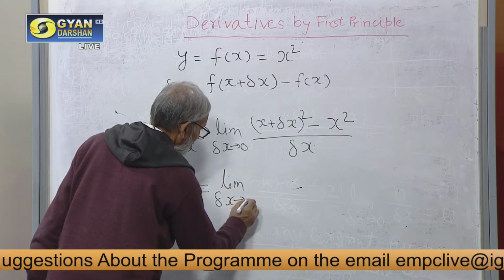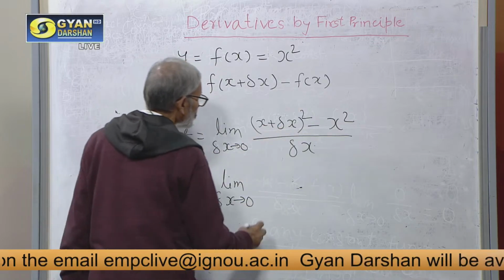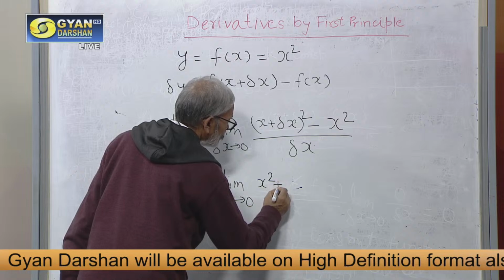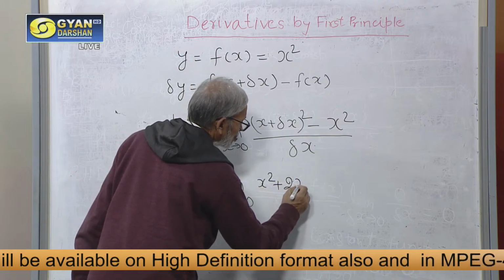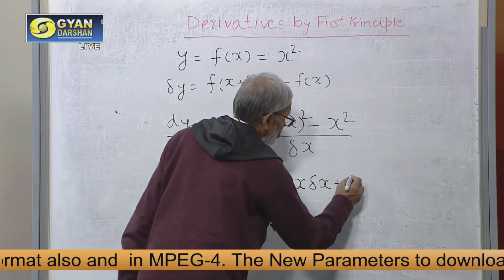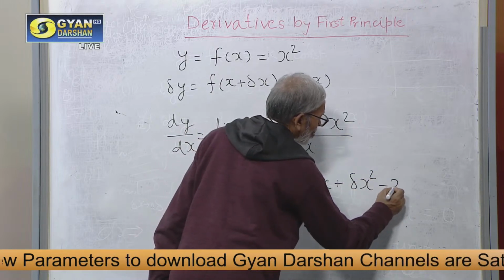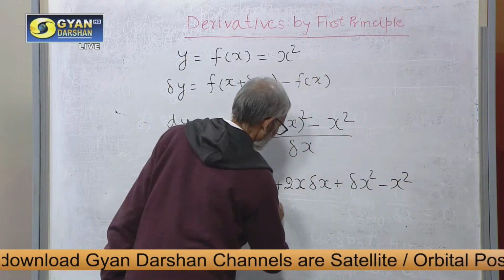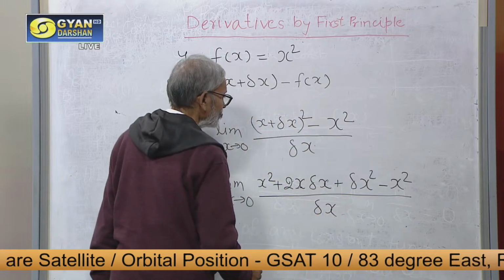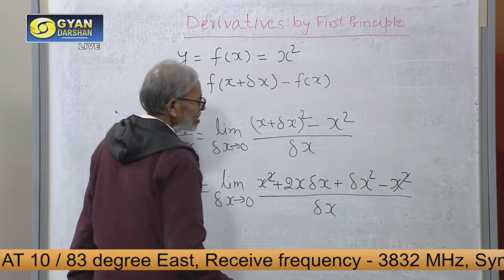So, this will be equal to limit delta x tends to 0, squaring it with the simple formula (a plus b) whole square, it will be x square plus 2x delta x plus delta x square minus x square, divided by delta x. Here in the numerator, x square and minus x square will be cancelled out.